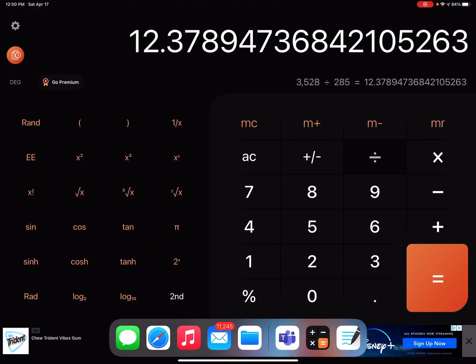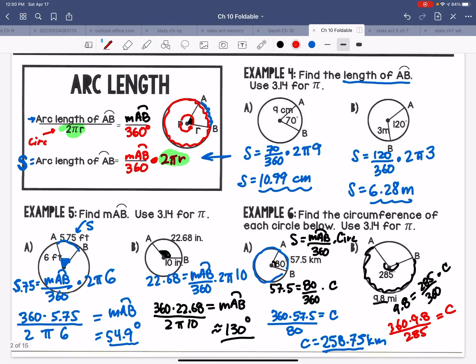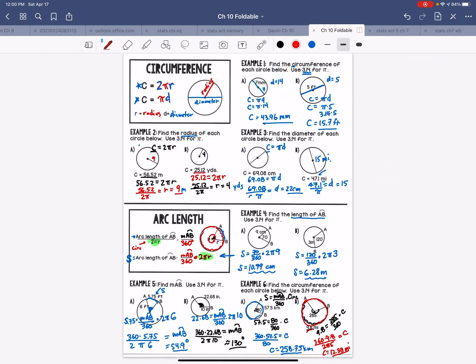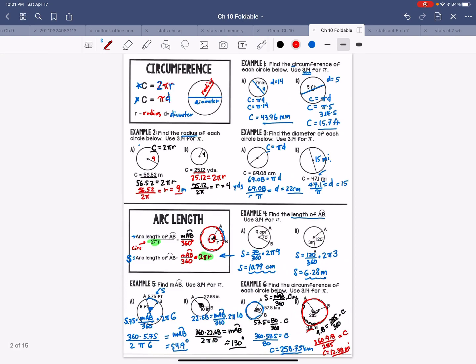Okay, so 12.38. And notice if this is 9 or 10, round up to 10, and that would be about 12. There you go. That is our first foldable on arc length and circumference. Check out the next one.